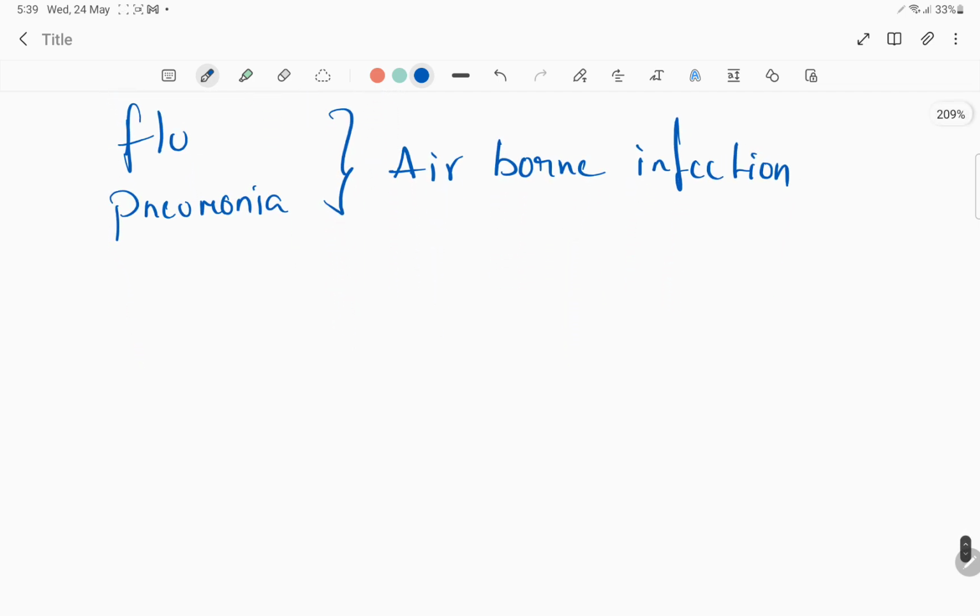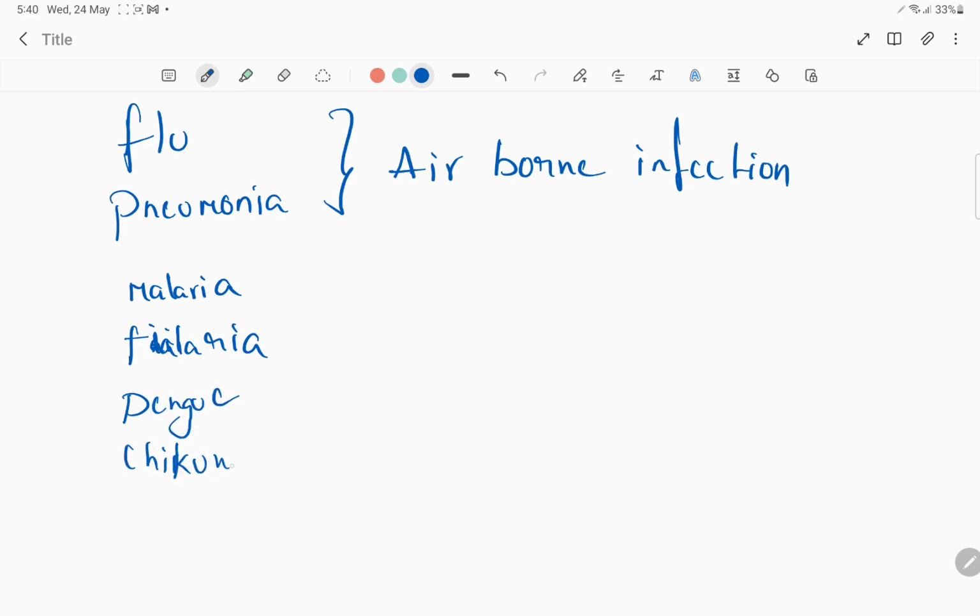You have to eliminate them very effectively, for example by introducing gambusia into ponds and small lakes. These are vector borne diseases.